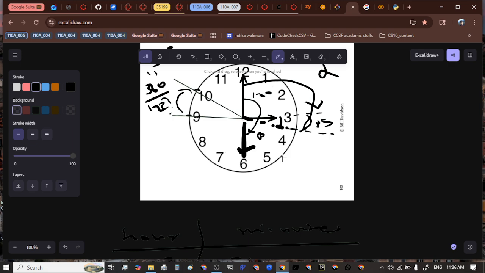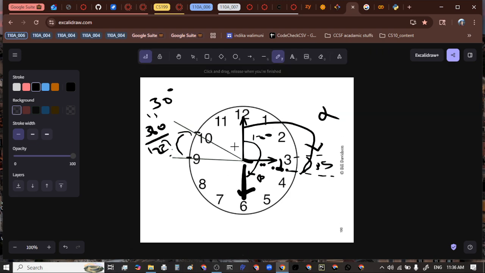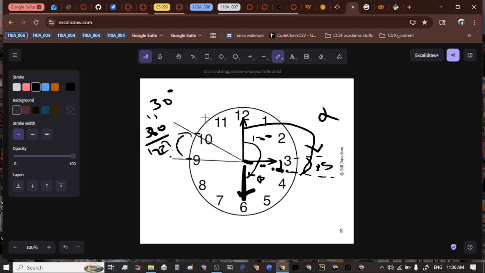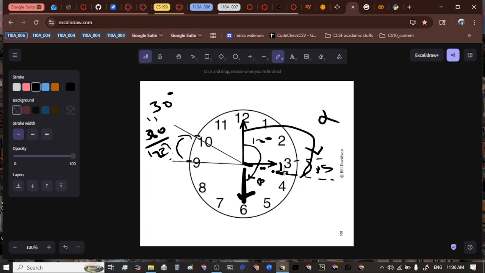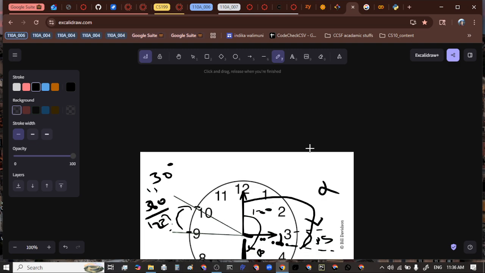So all you have to do is get this picture, do some drawing, and ask yourself a few things. Without that it's really hard to think.